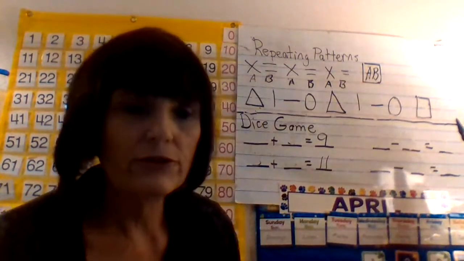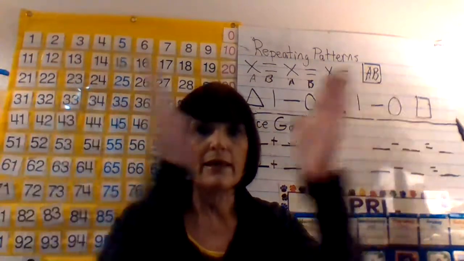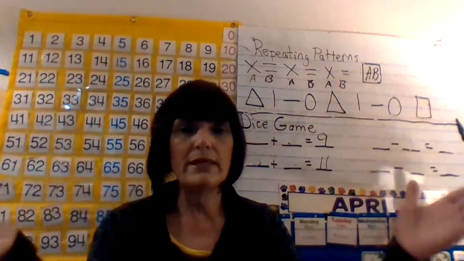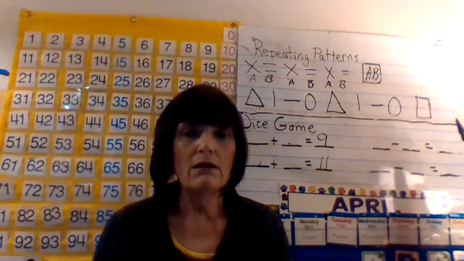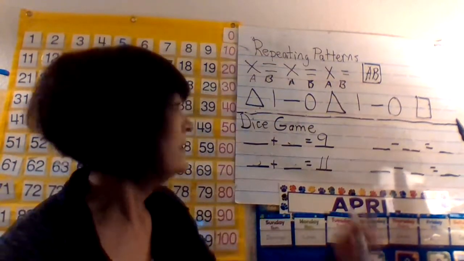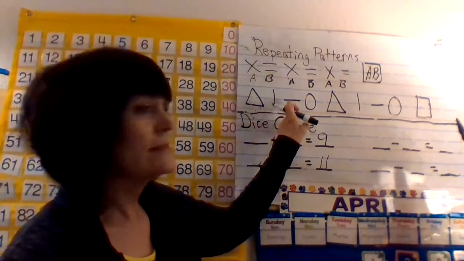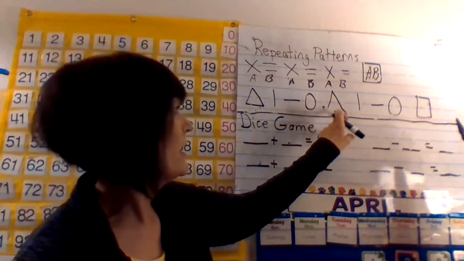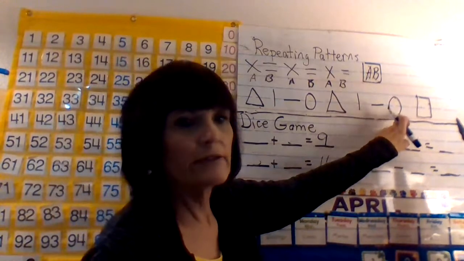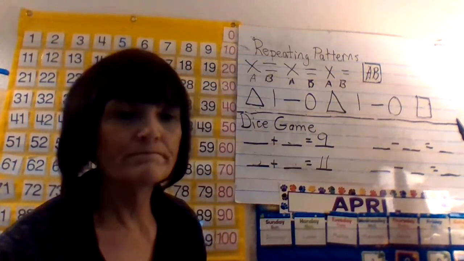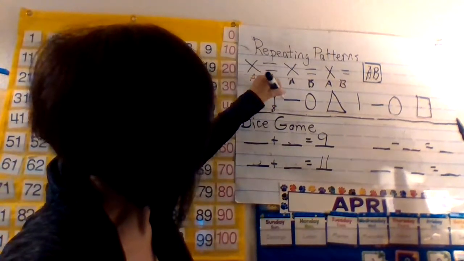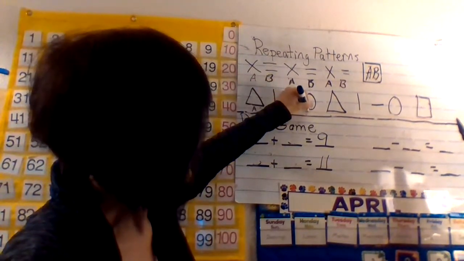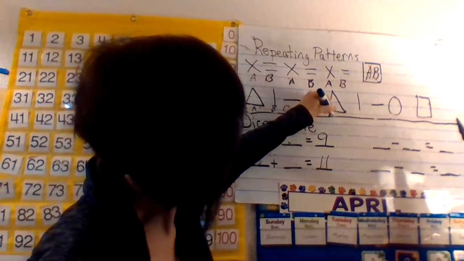All right, now I could do that like this. AB, AB, AB, X equal, X equal. All right, here we go. Triangle, line, side line, circle. Triangle, line, side line, circle. We'll start with A. That's different than A. B. That's different than the B. C. Oh, D. A again.